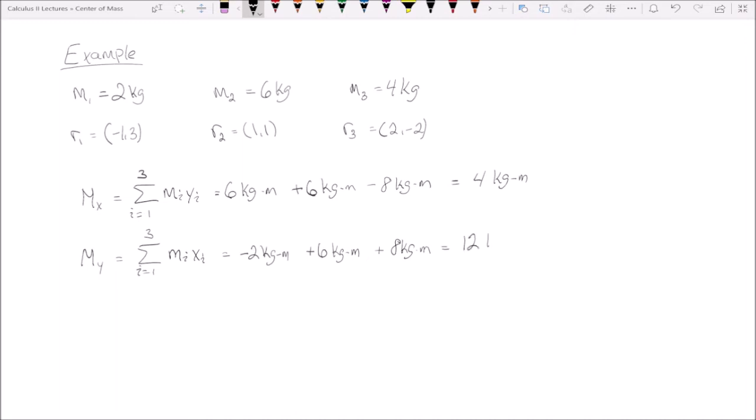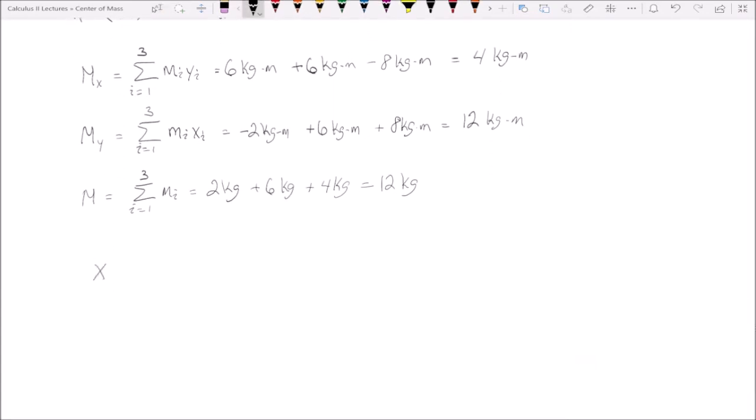We get 12 kilogram meter for the y moment. And total mass. All right, 2 kilograms plus 6 kilograms plus 4 kilograms is 12 kilograms.